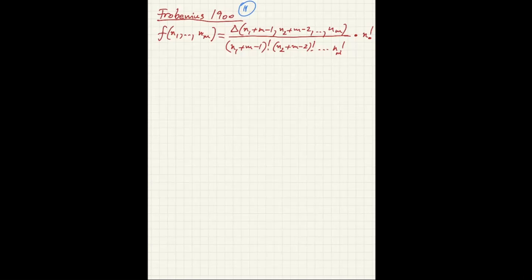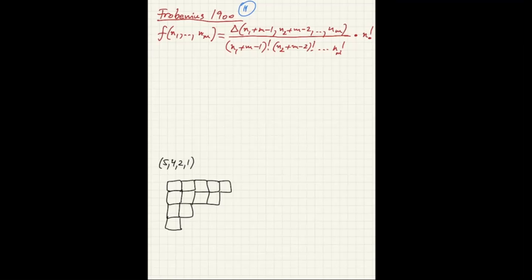I'll explain what hooks are and their lengths below in terms of an example. So we had this previous partition of 5, 4, 2, 1. So let me draw it here. Okay, so we have 5 in the first row, 4 in the second, 2 and 1.